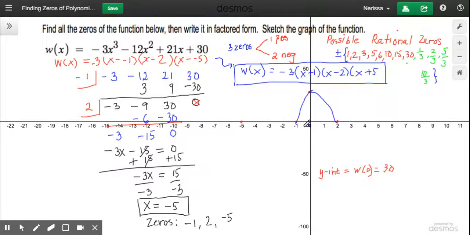Okay. Now, our zeros occur only one time. And when the zeros occur one time, the graph just crosses quickly through those points, through those zeros. So at -1, it's going to cross quickly. And then it needs to reach a lowest point, and then it has to go back up in order to get to 5.